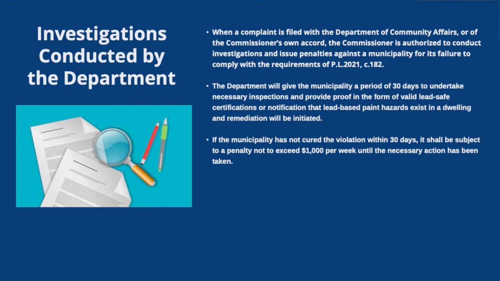The department will be giving the municipality a period of 30 days to undertake those inspections or provide proof in the form of any valid lead-safe certs or notification that the lead-based paint hazards exist in that dwelling and remediation has begun. If a municipality hasn't cured that violation within 30 days, it shall be subject to a penalty not to exceed $1,000 per week. So again, wanting to flag these considerations so that everyone understands the various requirements of the act.